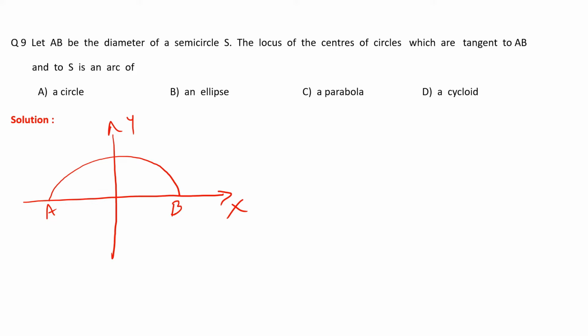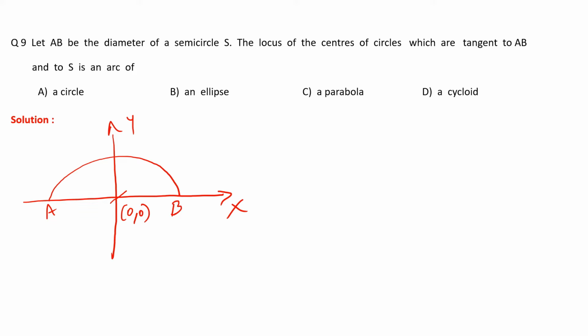Only from that we'll be able to judge whether it is ellipse, parabola or circle. That's why I'm taking it, because we can allot coordinates to any point according to our choice. That means we can set coordinate system as per our own choice. So I am setting the center of this semicircle at origin.